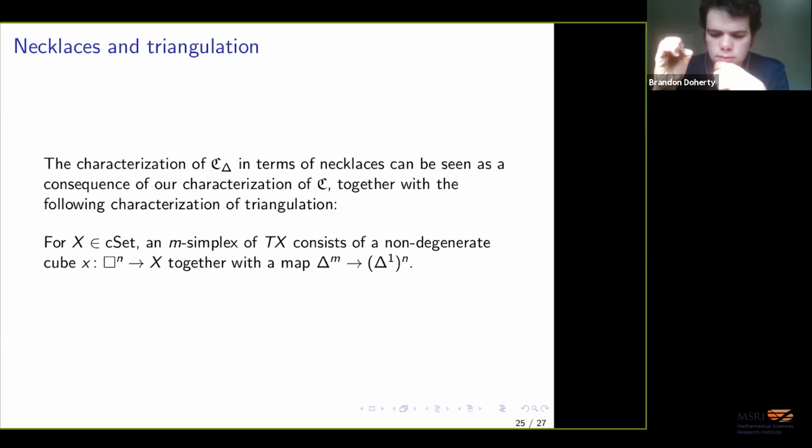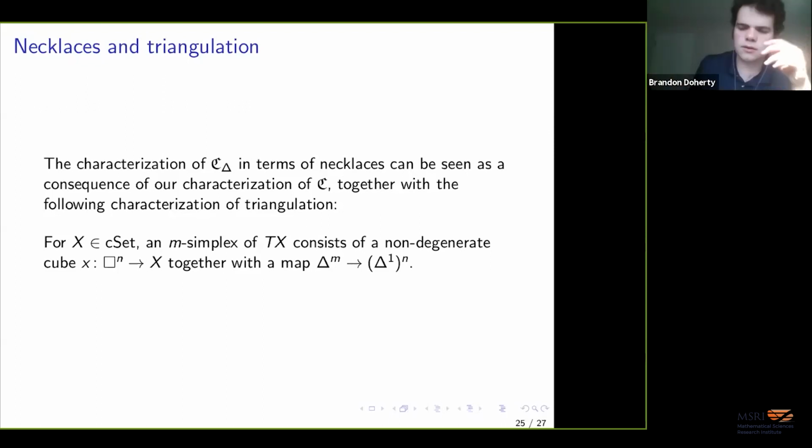Right, maybe I forgot to mention that in my description of C delta in terms of necklaces, but it is assumed that the necklaces there are totally non-degenerate.